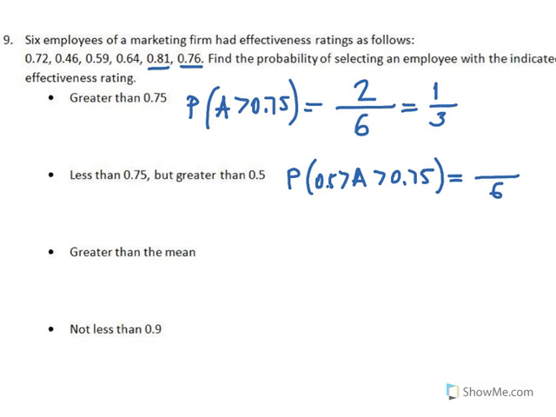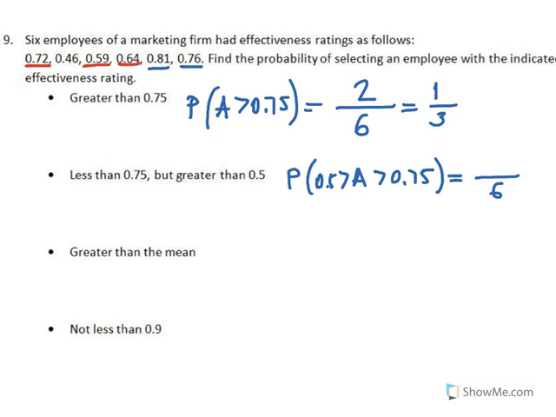Over 6, out of 6 total possible outcomes, we see that those greater than 0.5 but smaller than 0.75 are 0.72, 0.59, and 0.64. Okay, so 0.59, 0.64, and 0.72.